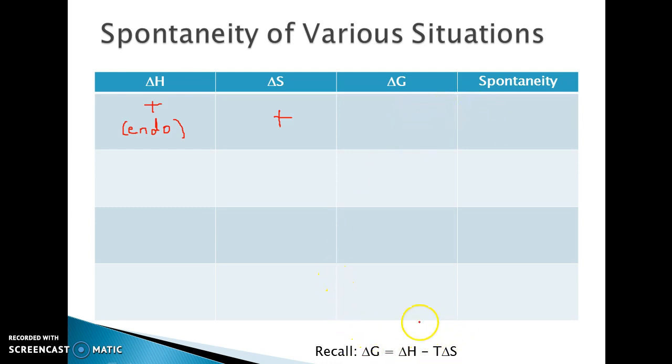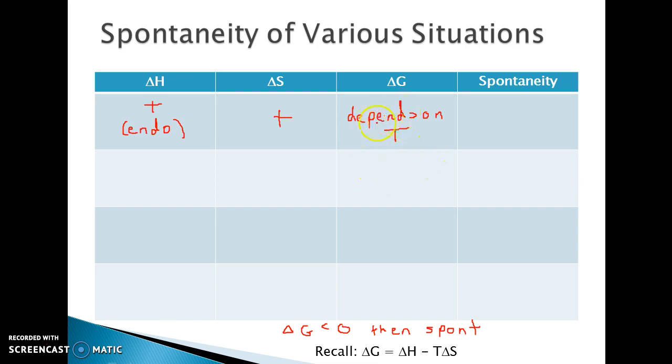So if we look back at this formula that we've been given, if delta H is positive and delta S is positive, would we get a positive or a negative value? Well, it's going to depend on what the temperature is, which is what T stands for there. And then how does that translate into spontaneity? Well, the definition of delta G is if delta G is negative, then the process is spontaneous.